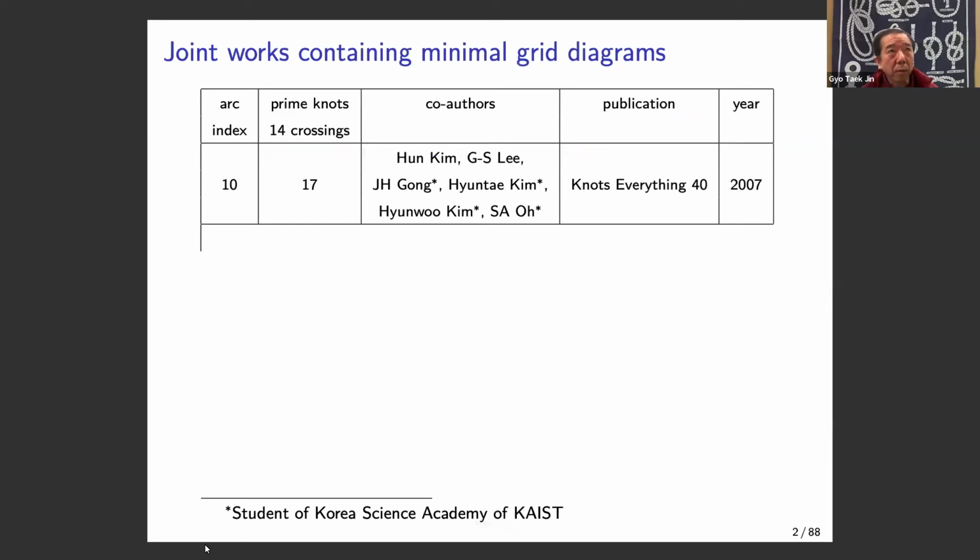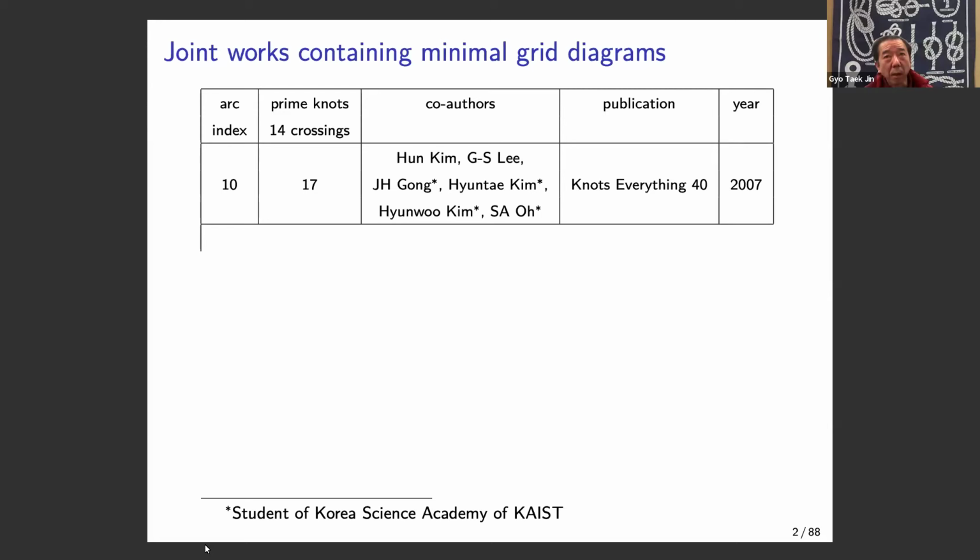The finding of minimal grid diagrams of 14 crossing knots started from the year 2005, and we published an article about the arc index 10 case, which includes 17 prime knots of 14 crossings.